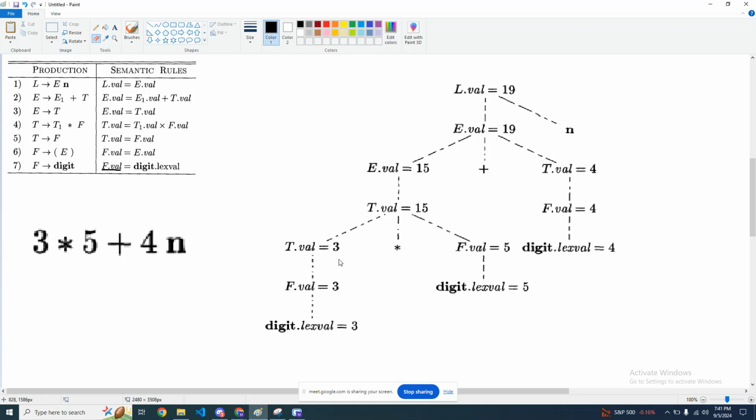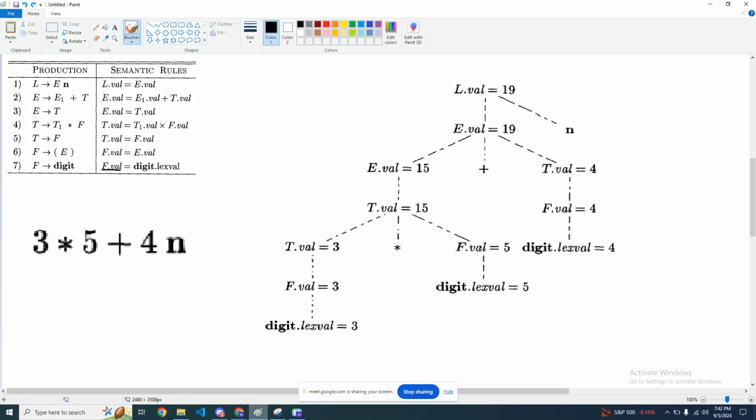If you do depth first search, at the very bottom the first node is this node, digit dot lexval. The lexval is 3.